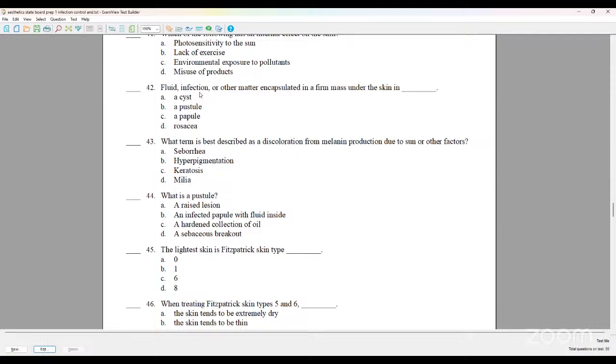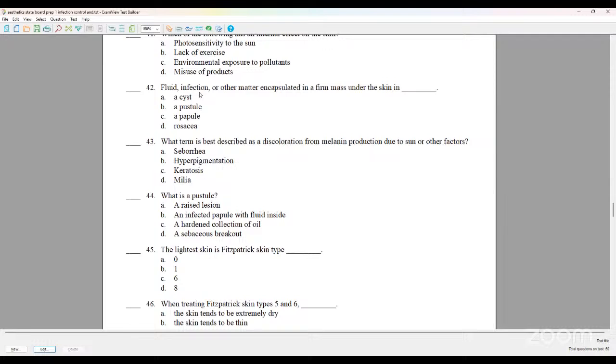But you can soften the skin, get the heat together, and do some little surgery work and get it out. But a lot of times that's what milia is. So milia has nothing to do with hyperpigmentation.